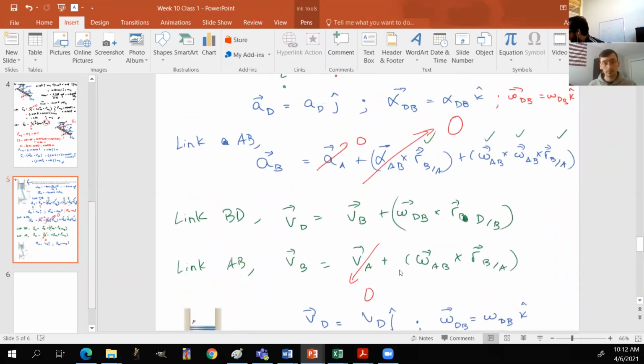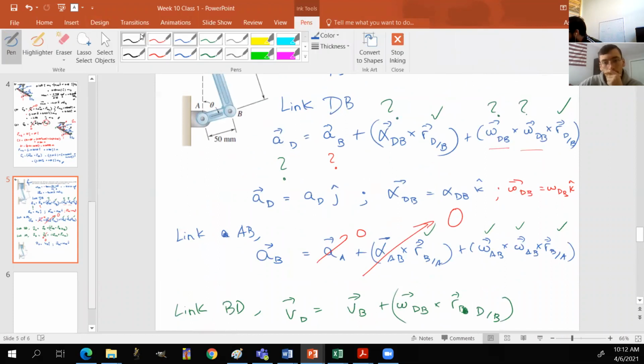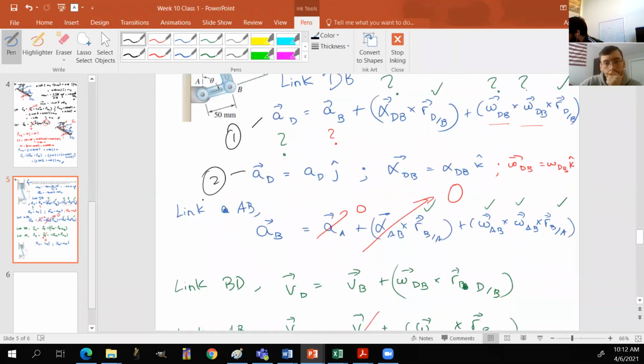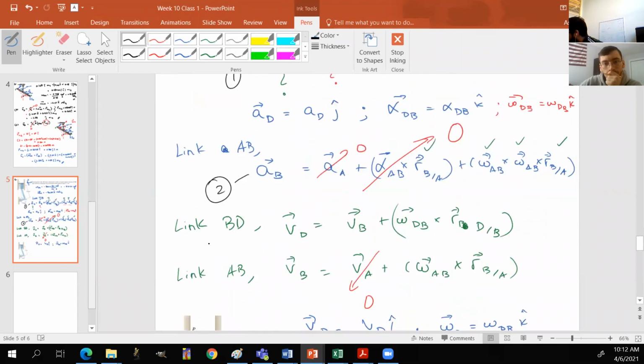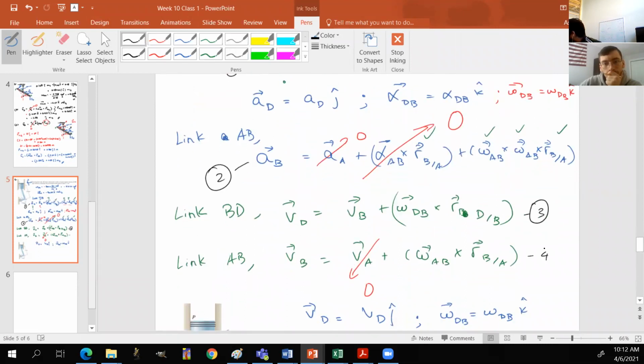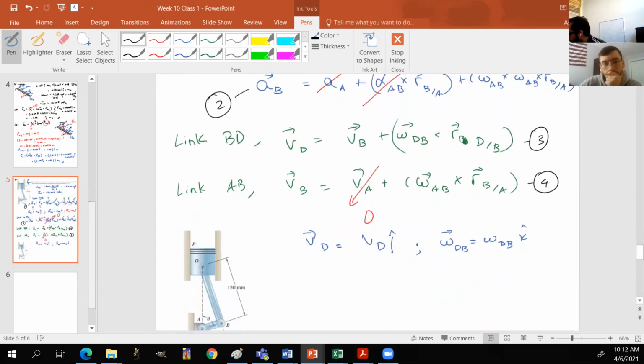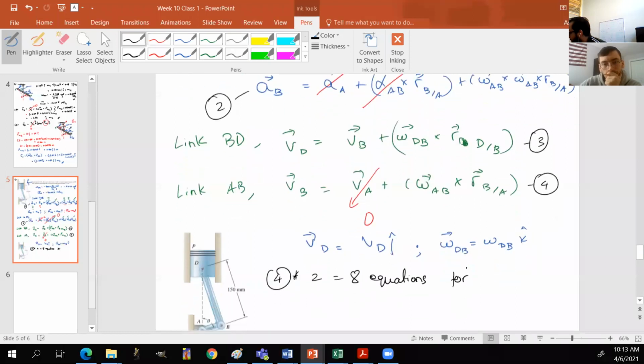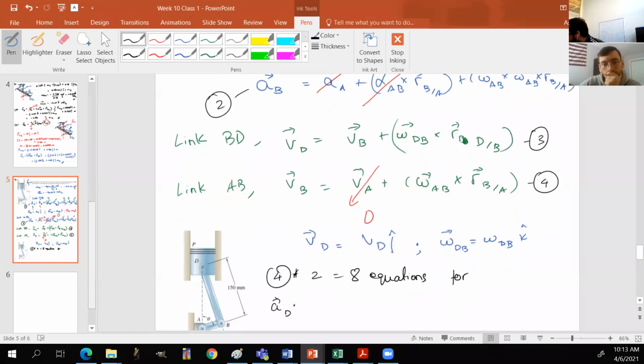We have 1, 2, 3, and 4, right? Acceleration of D equals AD.